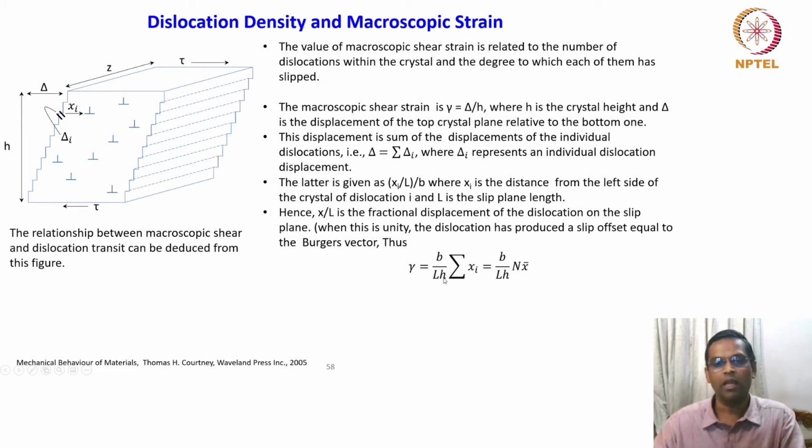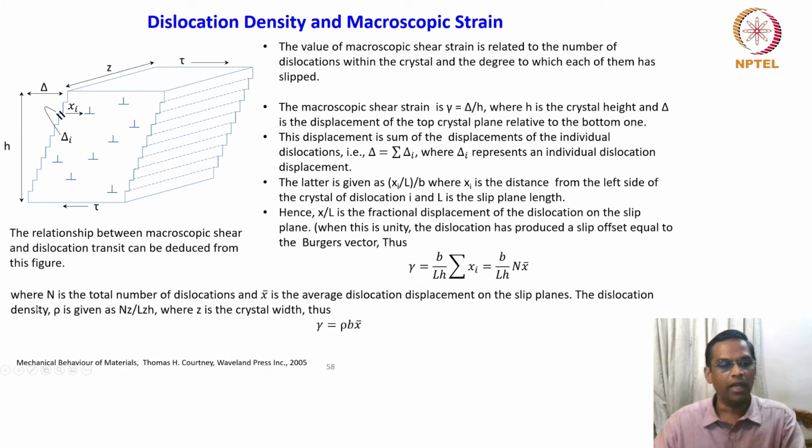What is b by L h? We are taking this from the total macroscopic shear and substituting the individual displacement. So b by L h times the summation over xi, which is equal to b by L h times n x bar, where n is the total number of dislocations and x bar is the average dislocation displacement on the slip planes.